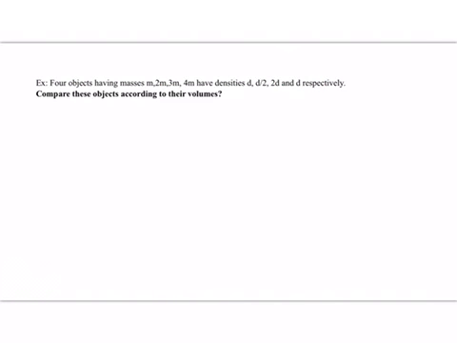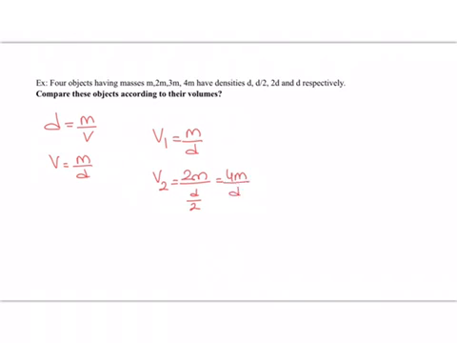In an example for objects, the masses and the densities are given, compare their volumes. As density is equal to mass per volume, then volume is equal to mass per density. So V1 is equal to m over d, V2 is equal to 2m over d over 2, which is equal to 4m over d.